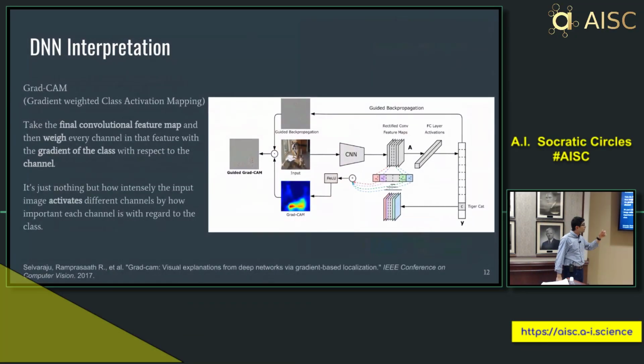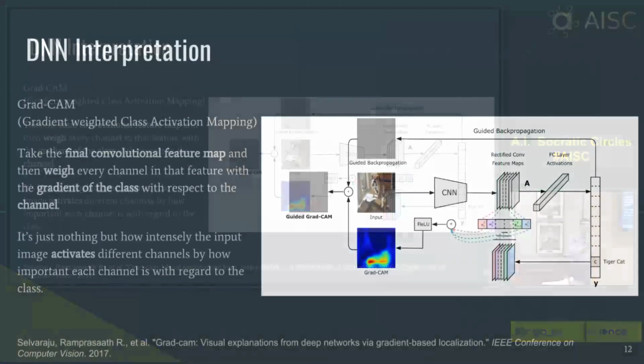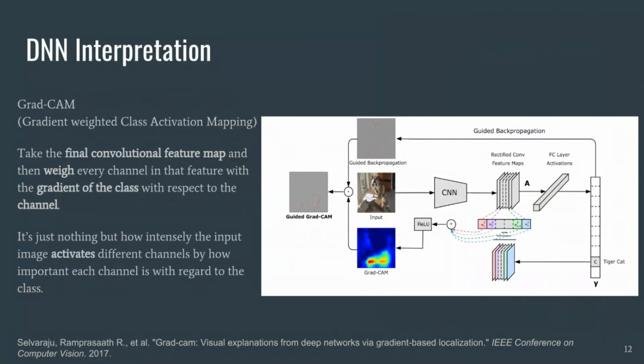And like the last one was looking at the gradient of the output regarding input. We can look at different gradients as well. For example, in this well-known algorithm for interpretability, they look at the feature map right before the softmax and find the gradient with respect to the activations of the final convolutional layer.